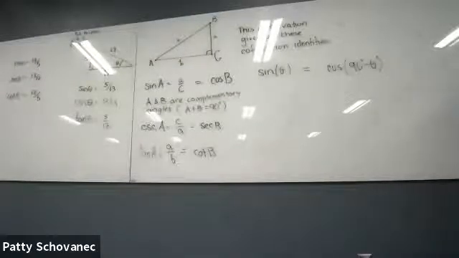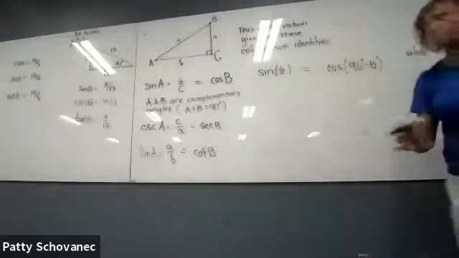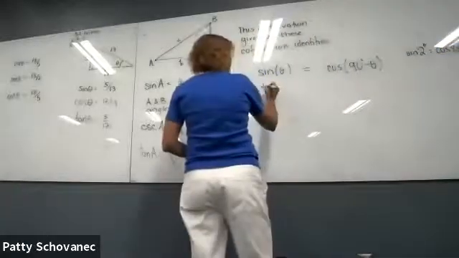So for instance, the sine of 2 degrees is equal to the cosine of? Sine of 2 degrees is the same as the cosine of 88 degrees. Always. Okay? For our acute angles. Same deal with the tangent.